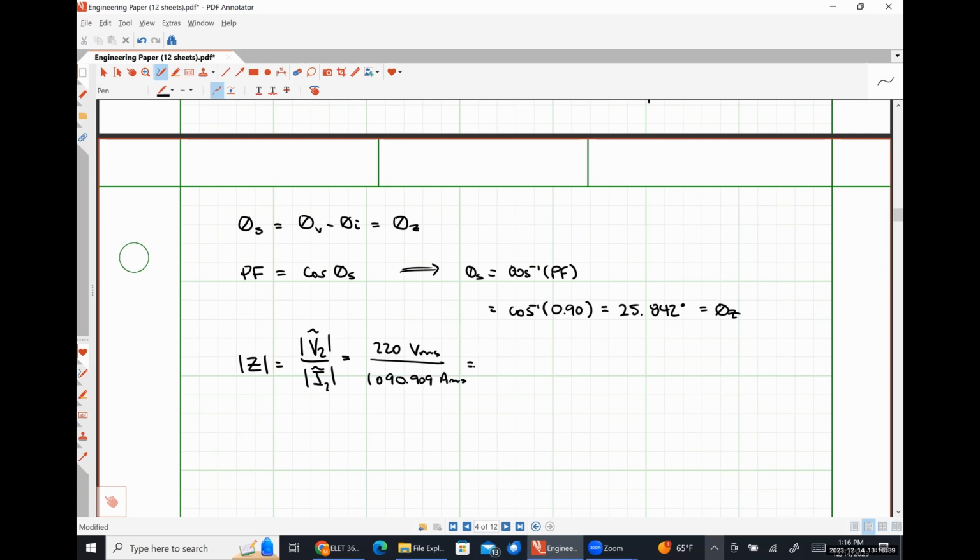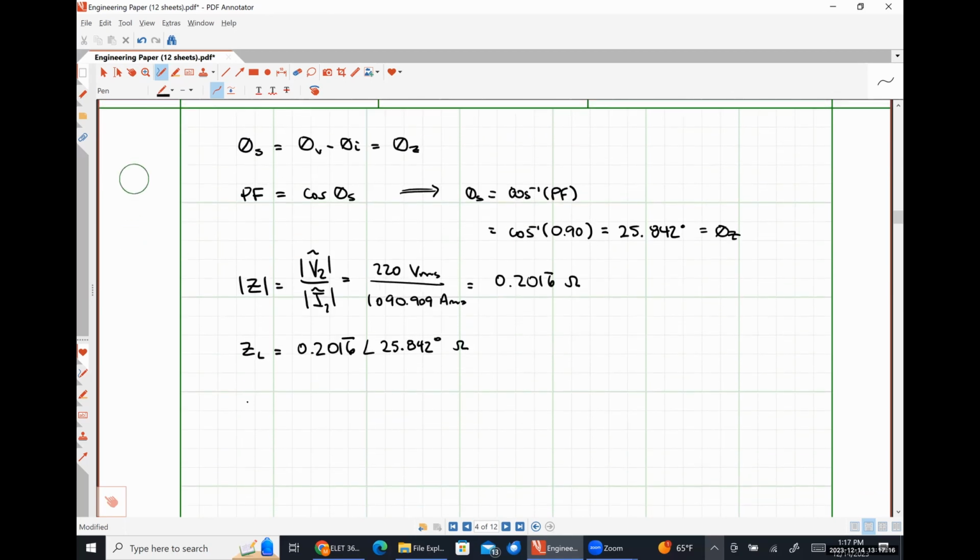So 220 divided by this gives me 0.2016 repeating ohms, and therefore our load impedance is 0.2016 repeating with an angle of positive 25.842 degrees ohms.